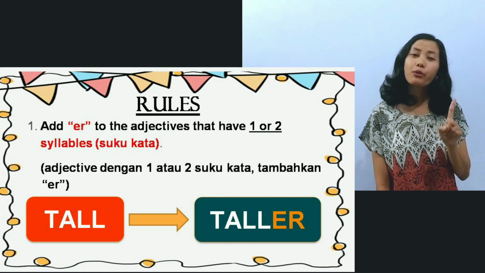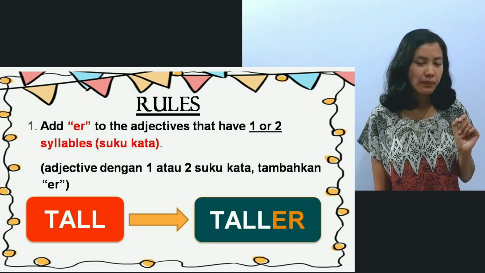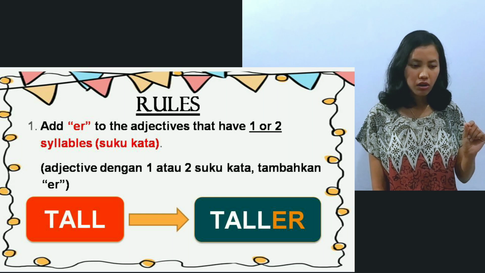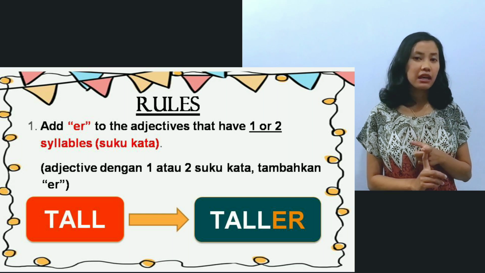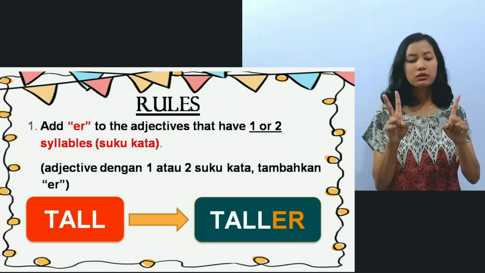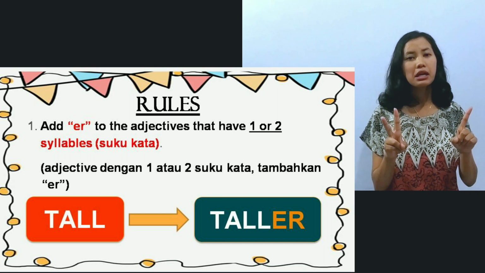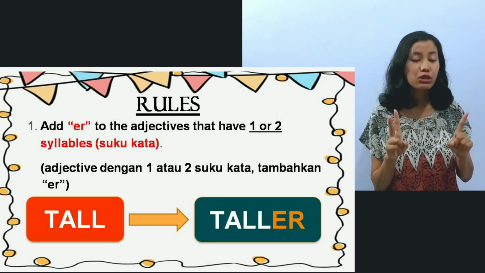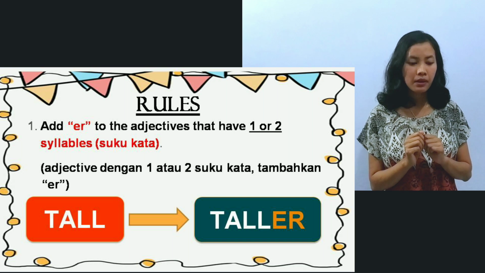We have several rules how to write comparative adjectives sentences. The first rule is we can add er to the adjective that have 1 or 2 syllables. What is syllables? Syllables adalah suku kata.